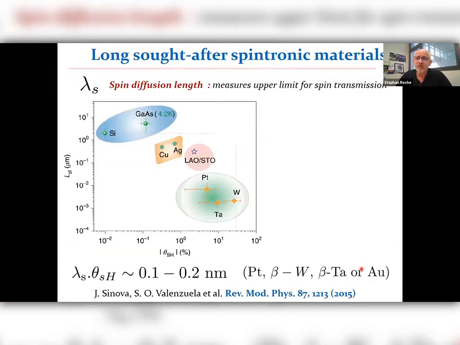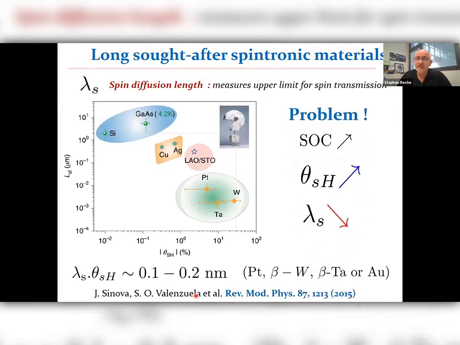So there is a very important aspect here, because all conventional materials, let's say the ones that have been reviewed here, and especially heavy metals, have been facing a lot of problems in order to respond to the demand of spintronic applications. And the problem is the following: usually you would like to optimize both the spin diffusion length and the capability you have to modulate the spin during the propagation.